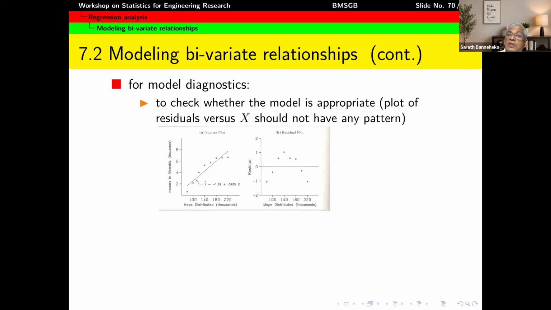Right? But when you look at the residual plot in that case, you will see this kind of pattern. Right? This is the residual, this is the x variable. So when you plot the residual, if you see a pattern, that means residual is still a function of x. Right? So therefore, you should be able to improve your model by adding some other functions of x into the model. Right?